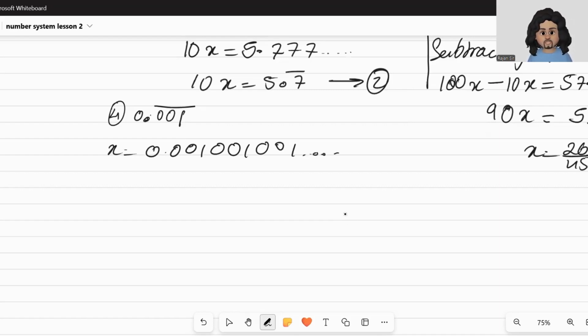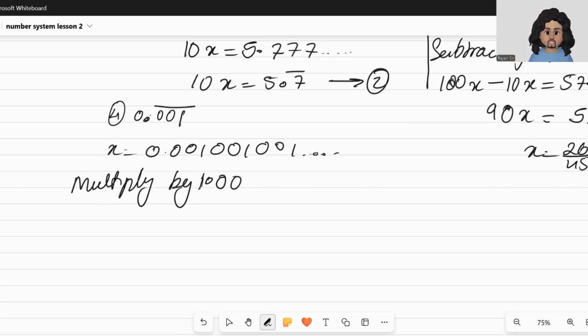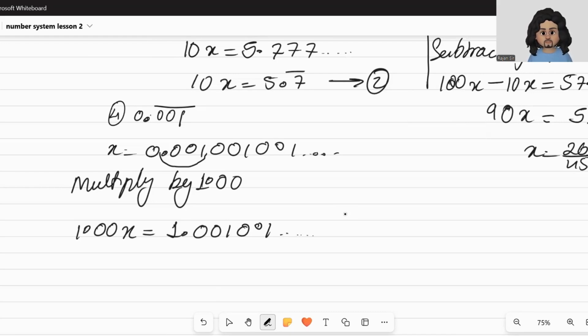So you can understand. Okay, so since there are 3 digits and all of them have the bar, so multiply directly by 1000 because 1000 has 3 zeros. So we have 1000x is equal to, okay, so the point will shift from here to here. And 001.001 is actually 1.001.001 and so on.